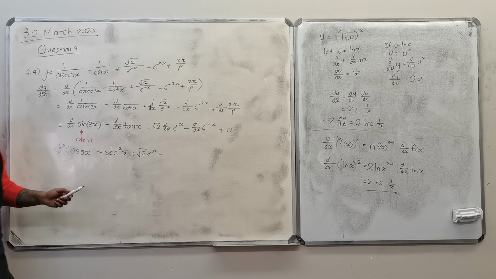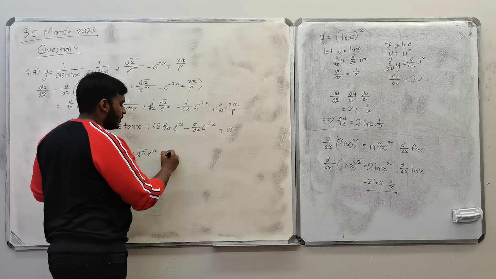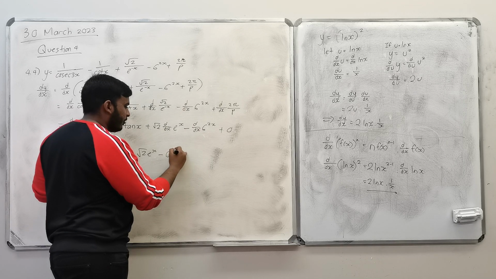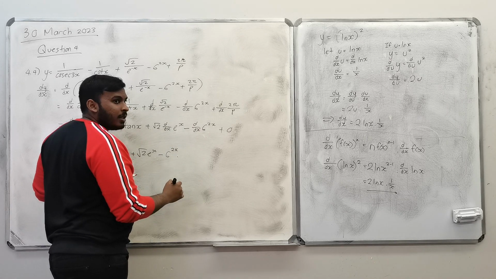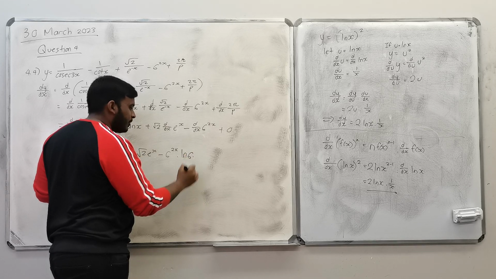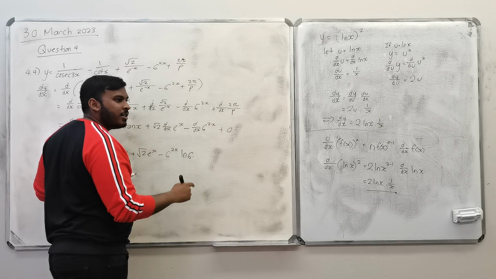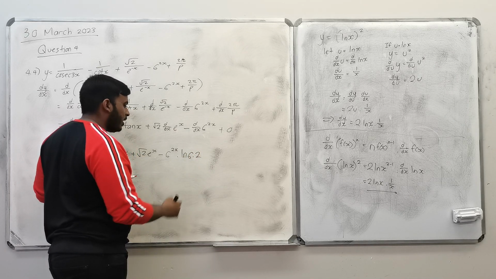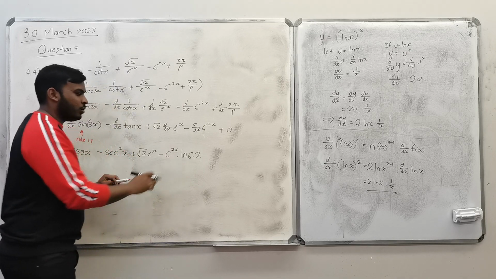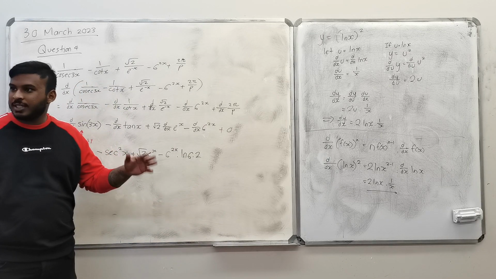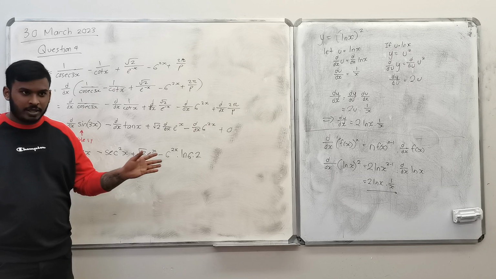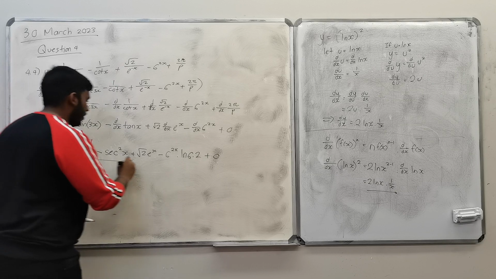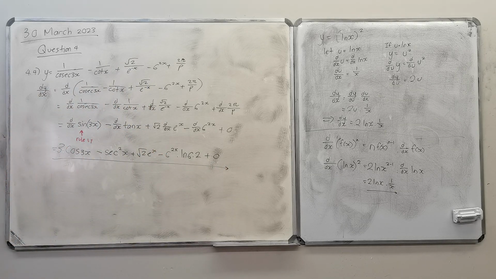And what does it say? It's a to the power f of x times ln of a times the derivative of f of x. The derivative of 2x is 2, right? So it's 6 to the power 2x times ln of 6 times 2. Yes? And then plus 0. So this here is your answer.